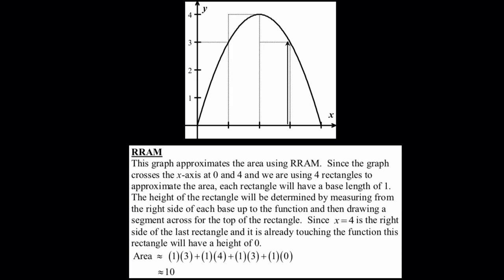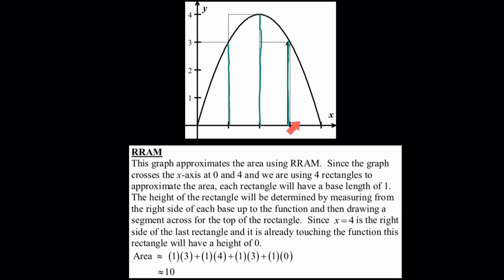And then the next one is going to be called an RRAM. This is going to be a right rectangular method. Now we start out the same way, which is dividing our rectangle up into 4 equal sections, coming straight up till you hit the function. But this time, the height of each rectangle is determined by the right side of your rectangle.